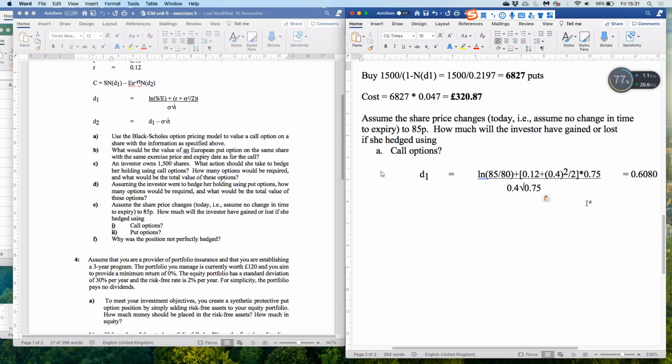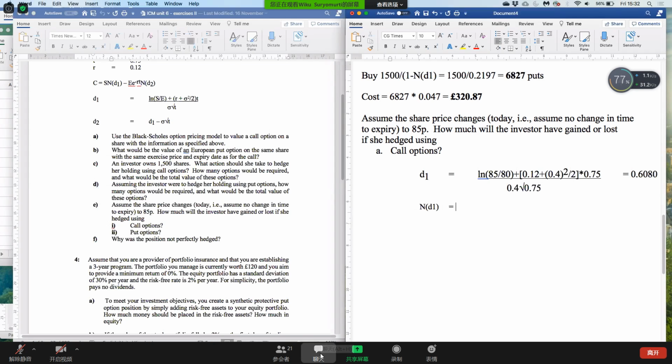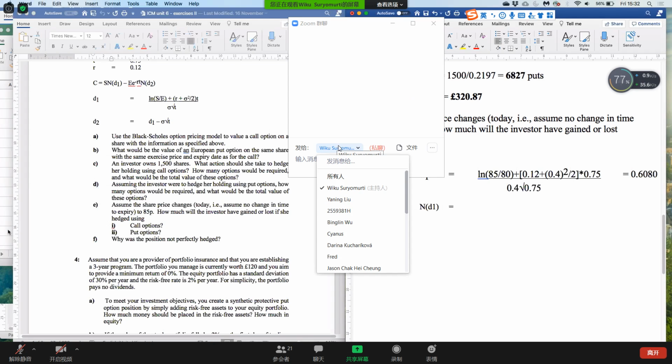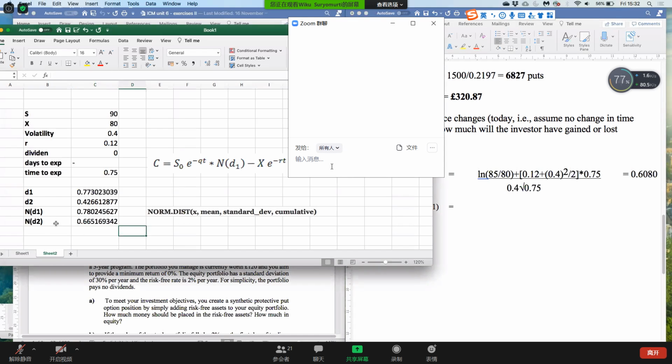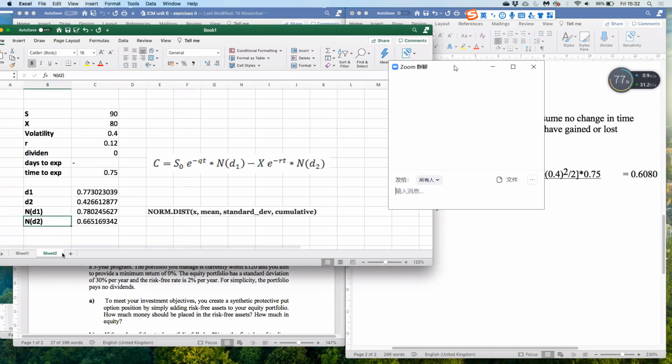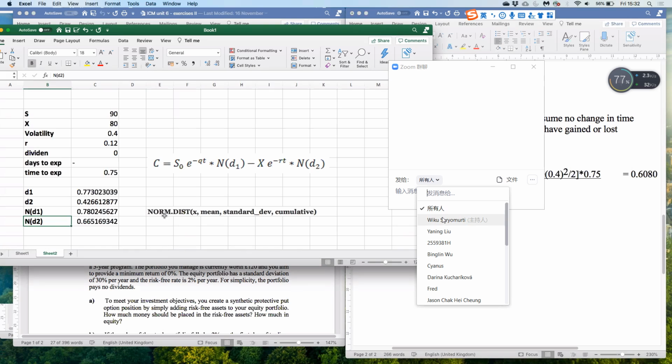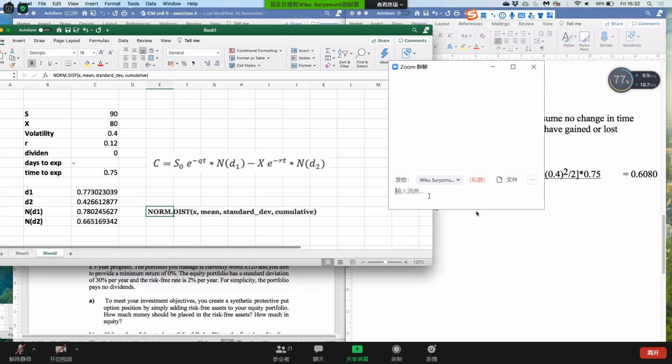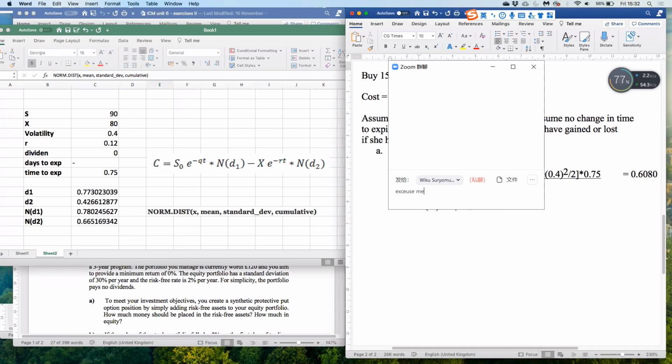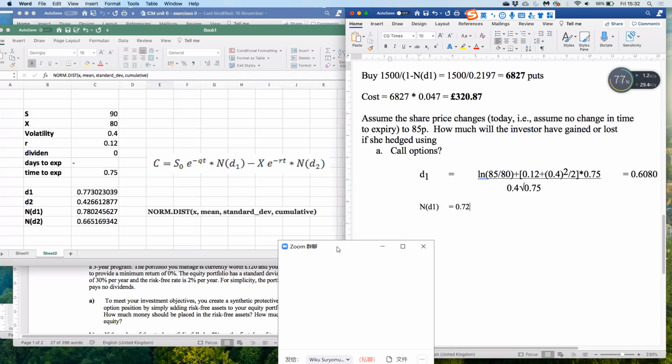And the value of ND1, using the normal distribution as in the Excel file, is 0.728.